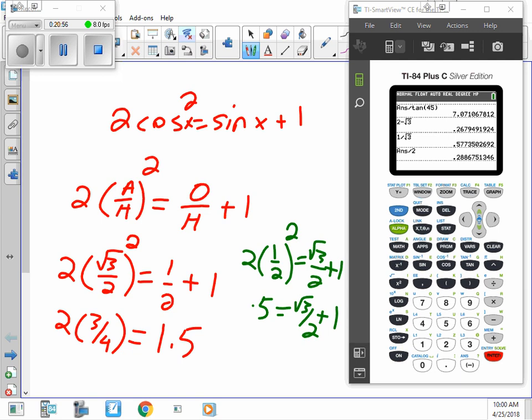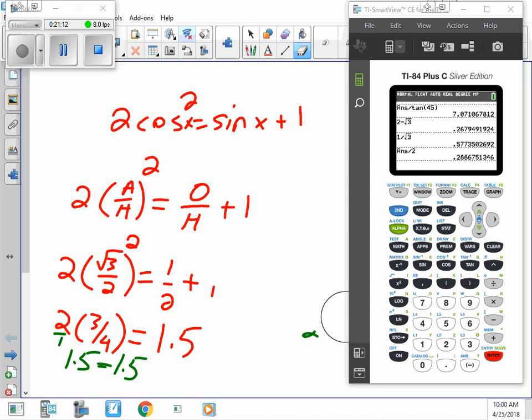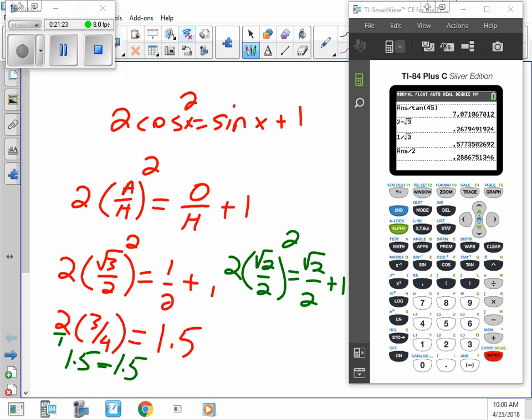2 times 3/4. It would be 6 over 4. Yeah, it would be. Okay. So pi over 3 didn't work. What about pi over 4? 2 times root 2 over 2 squared equals root 2 over 2 plus 1. So that would be 2 times 2 over 4. Is that equal to the square root of 2 over 2 plus 1? No, that didn't work.